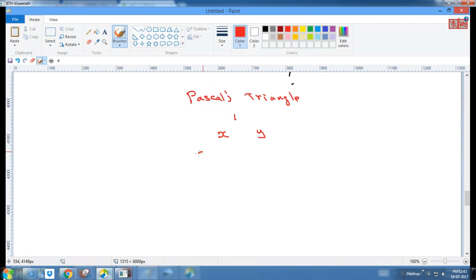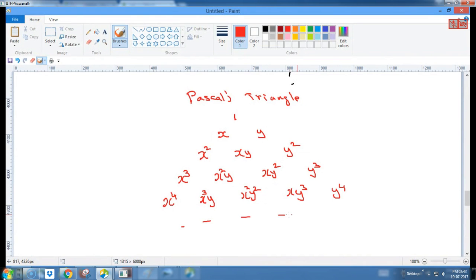Let's write it here as x square, this as xy, this as y square. This is x cube, x square y, xy square, and y cube. Similarly, I can keep on writing x to the power of 4, x cube y, x square y square, x y cube. I can keep on writing this kind of a standard triangle.